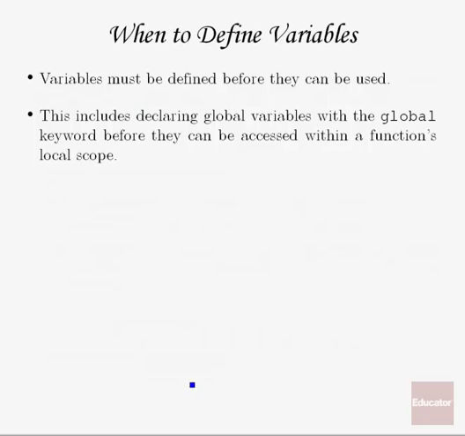So just quickly want to mention when variables can be defined. We've seen this implicitly and haven't really talked about it explicitly. Basically, a variable must be defined before it can be used. And this includes, as we just saw, using global variables within a function.